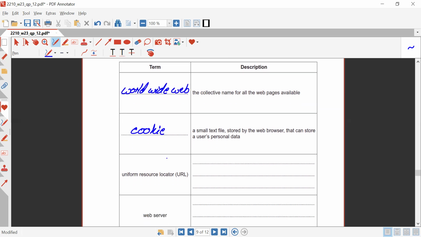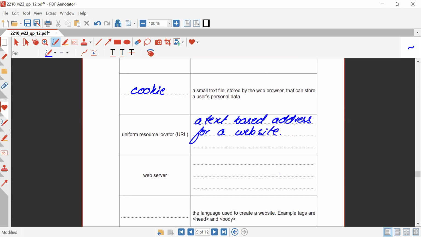It's the address of that particular website or web page in a high level language. So you may write it down: a text based address for a website or a web page.